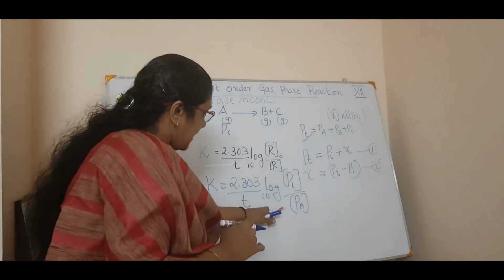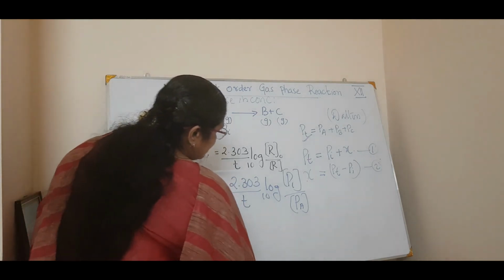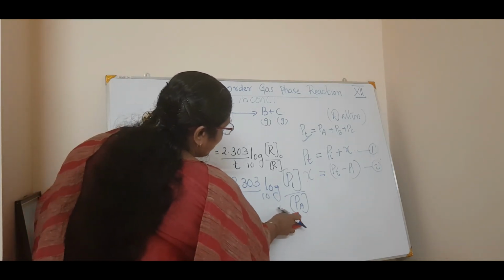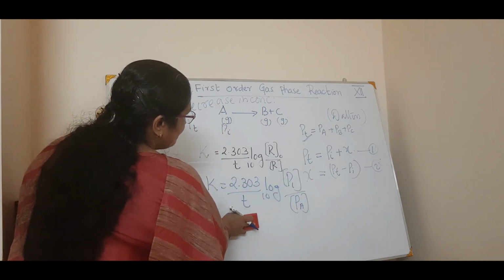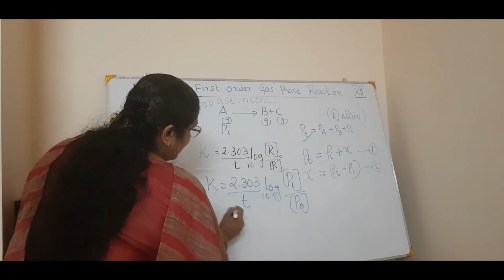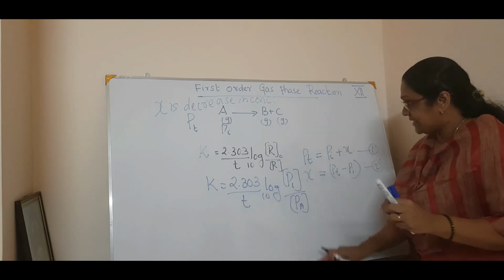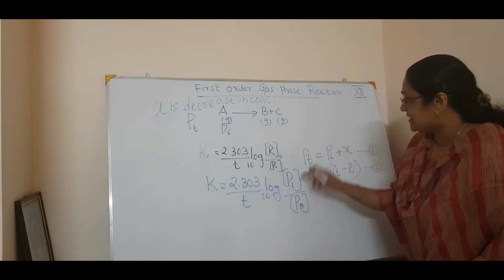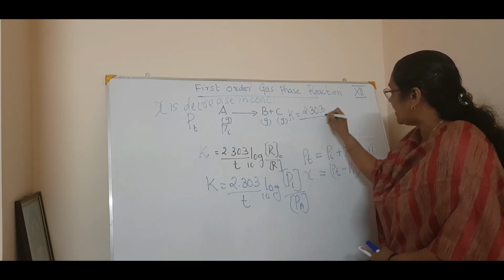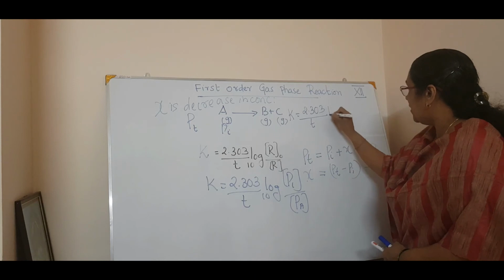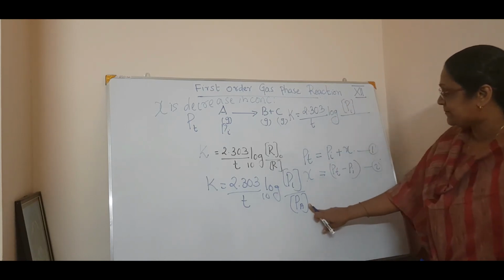In this case, one more I will write, that is PT is equal to PI plus X. Now then in this equation, K is equal to 2.303 by T log PI by PA.